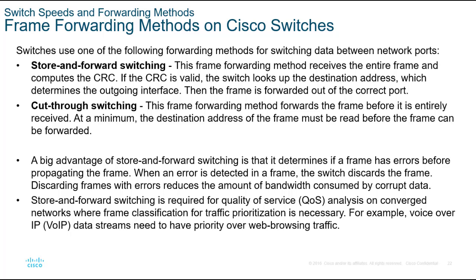Discarding corrupted frames reduces the bandwidth consumed by corrupt data. Store and forward switching is essential for quality of service analysis on networks which converge data with voice traffic, where frame classification is necessary for traffic prioritization of voice over IP data streams over web browsing traffic.